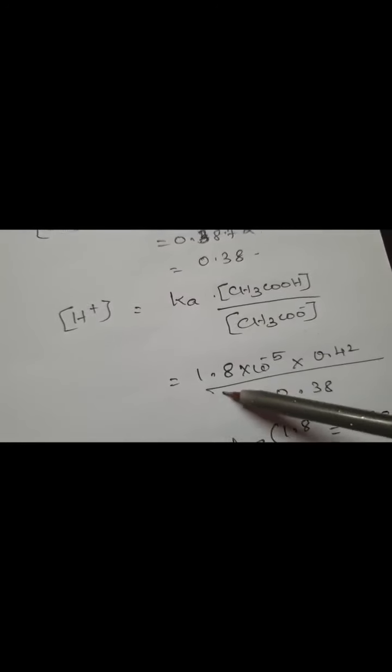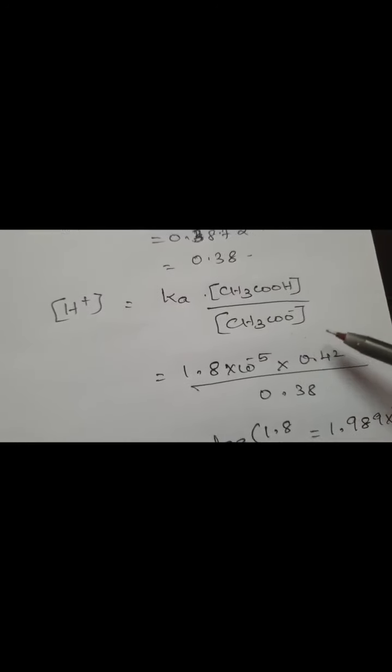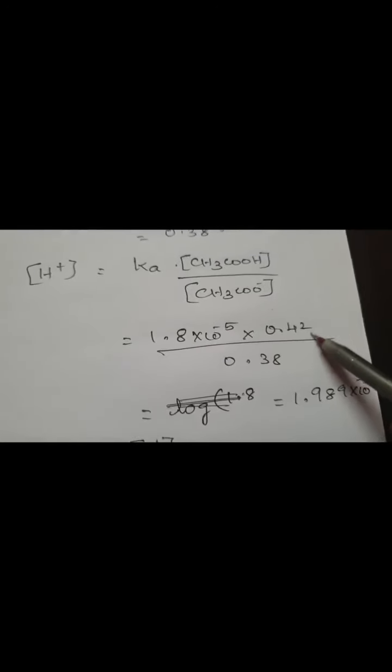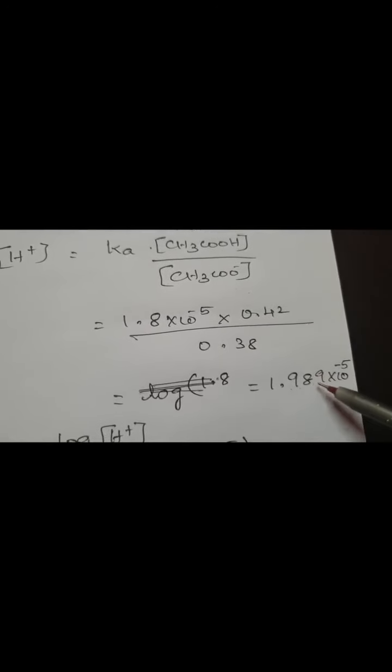So substitute the values here: 1.8 times 10 power minus 5 into acetic acid with concentration 0.42 divided by acetate 0.38. Simplifying this value, we get 1.989 into 10 power minus 5. This is the H plus value.